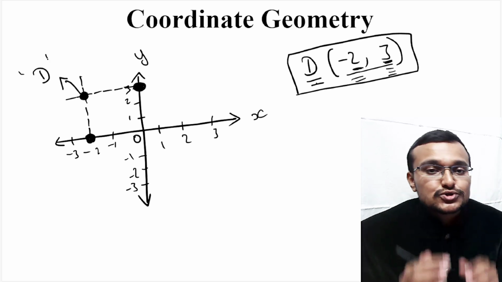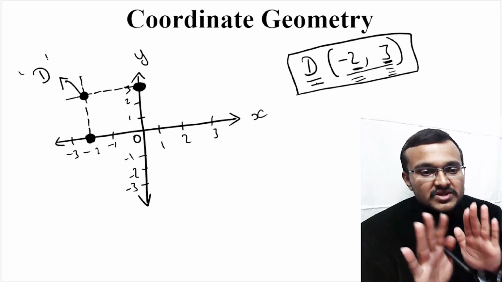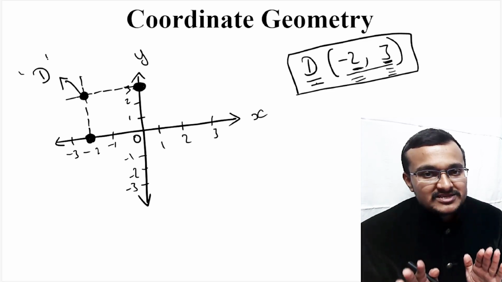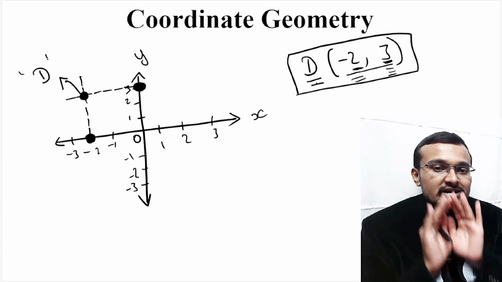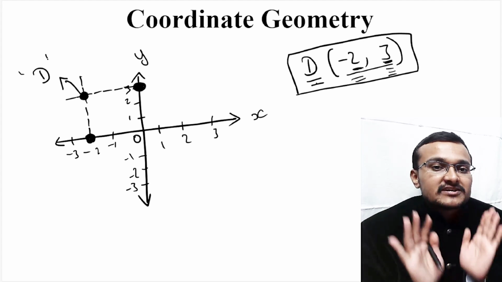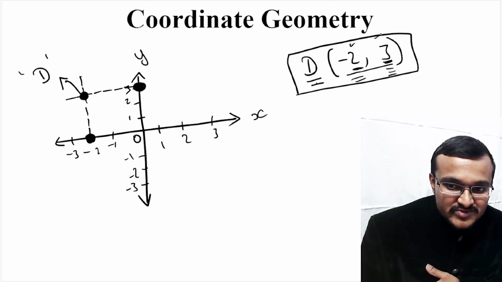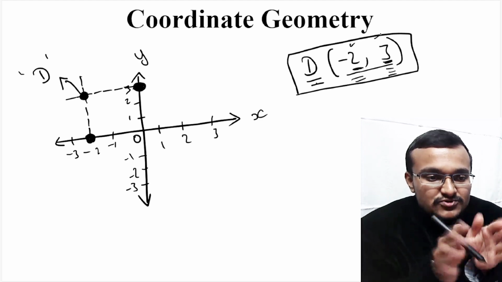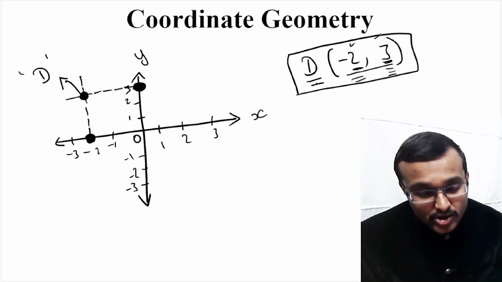So this is how you should locate a particular point on a Cartesian system. Especially we are focusing on the two-dimensional plane. On a two-dimensional Cartesian system, if you want to locate the position of a particular point and you have this information with respect to the x and y axes, then using this technique you can locate the exact position of that point.